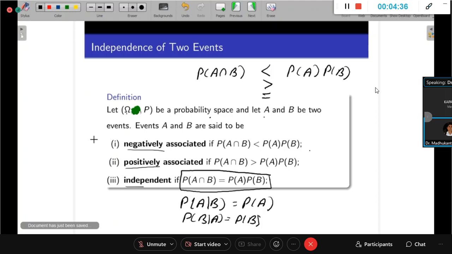Another was countably infinite additivity: if you have a countable collection of mutually exclusive events and you take their union, the probability is the summation of the probabilities of each event. And the probability of the full sample space is 1.